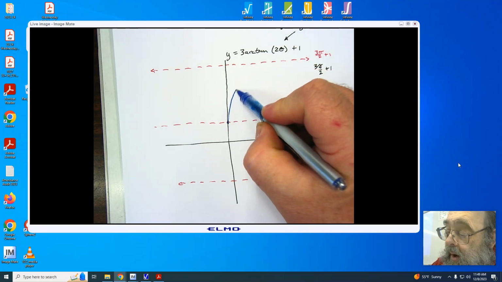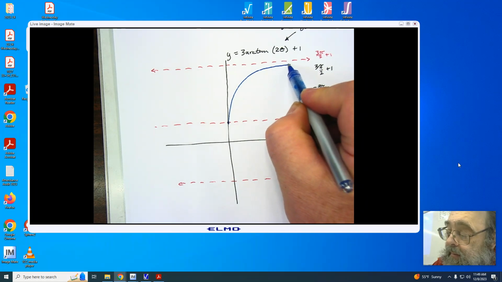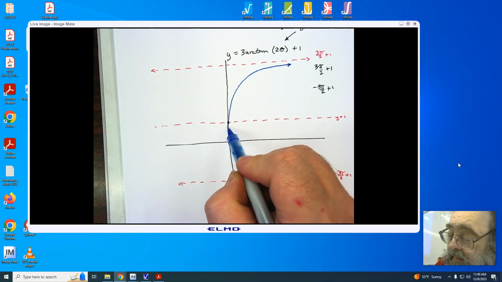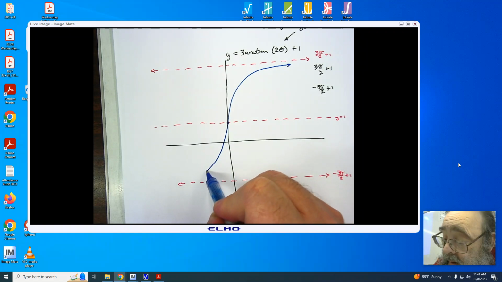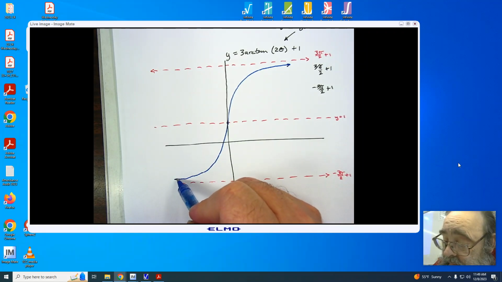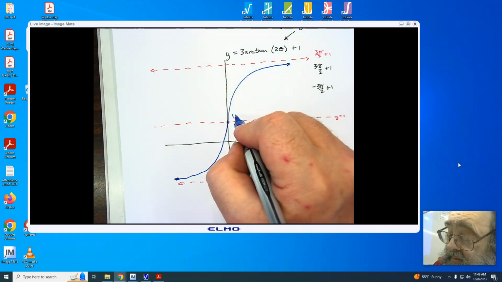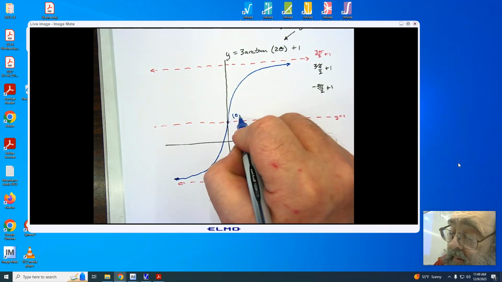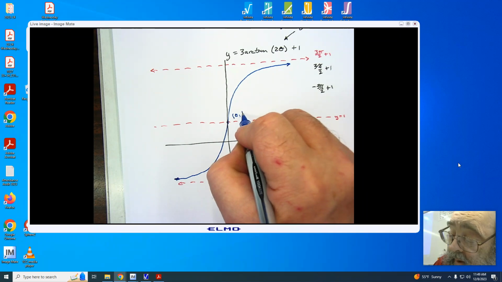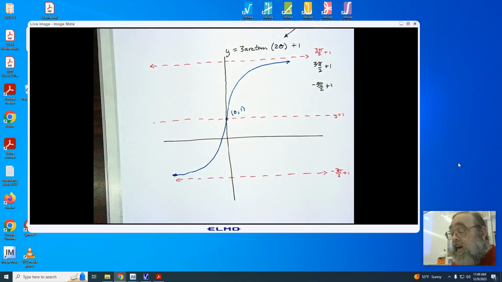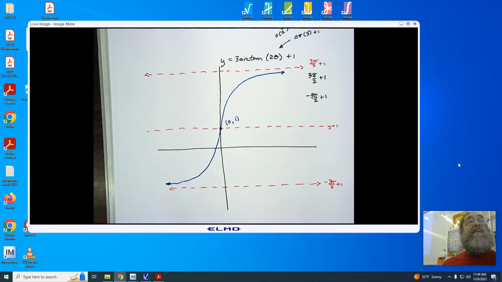It's a little bit elongated because of that 3. And it goes down. And we're going to label this point. This is 0, comma 1. We now have our graph of the arctangent done. That's an arctangent, 3 arctan 2 theta plus 1.